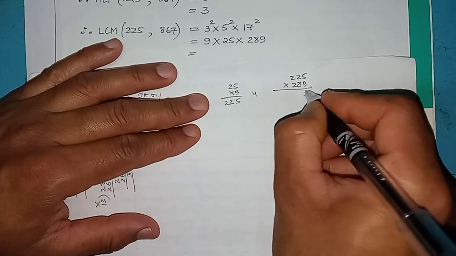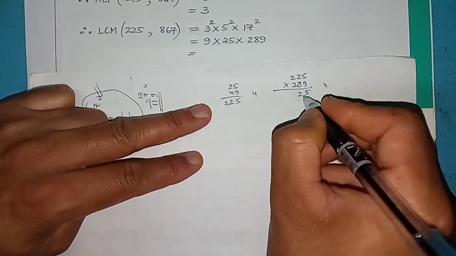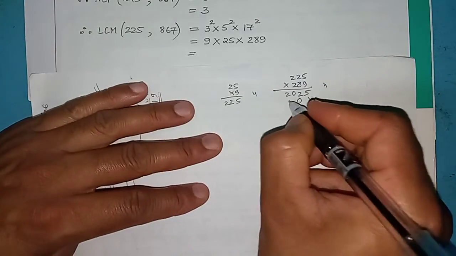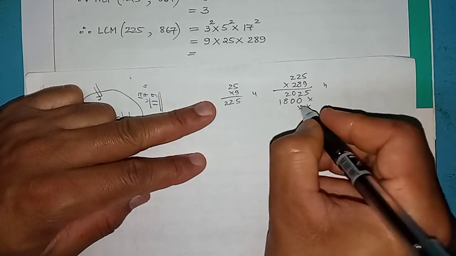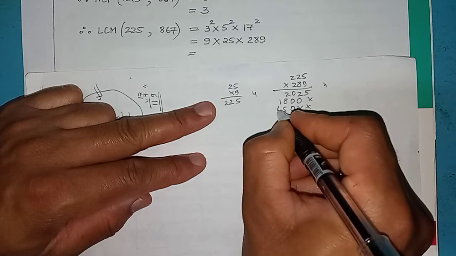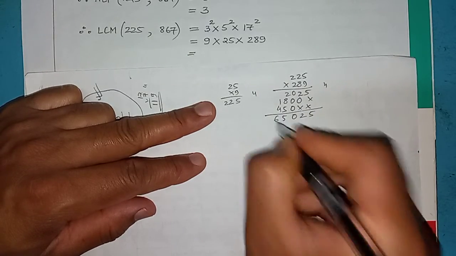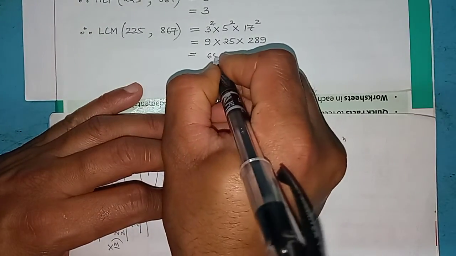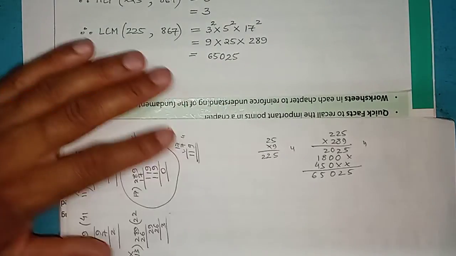So 9 5 45, 9 2 18, 9 2 18, 9 20, 8 5 40, 4 16 20, and 7, 18, 25 10, 2 4 5, 2 4 5, 2 0 15, 6 5 0 2 5. It's 65,025.